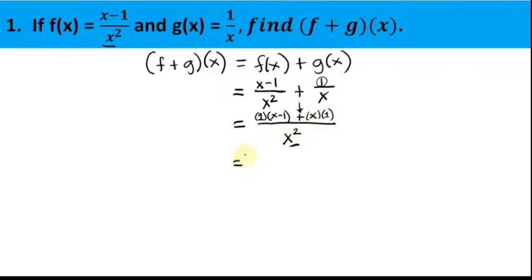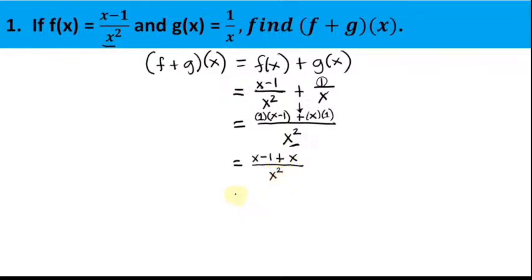Understood naman yan, kahit walang 1, x lang remaining, pwede na rin yan. So 1 times x minus 1, so that is x minus 1 plus ito, x times 1, that is x over x squared.